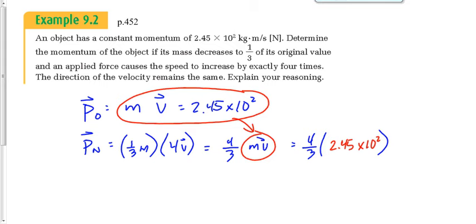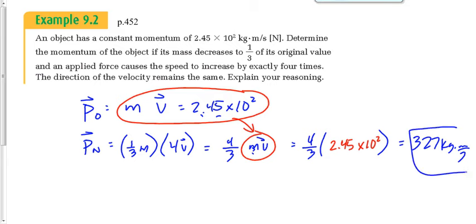How did I know to sub that in? Look, it's the very first thing I wrote down. M times V is 2.45, so why wouldn't you sub that in? So we're going to calculate that now. Do the math there, we get 327.